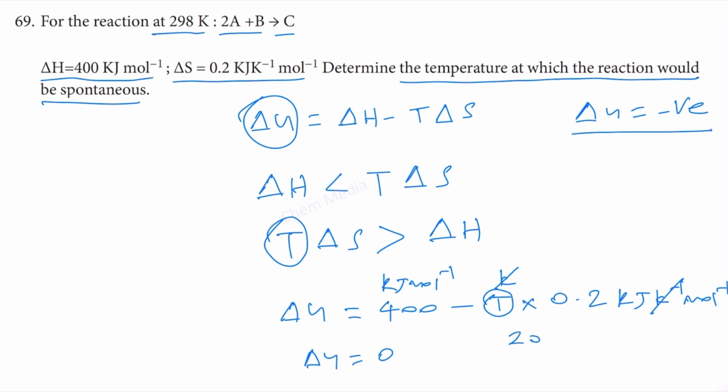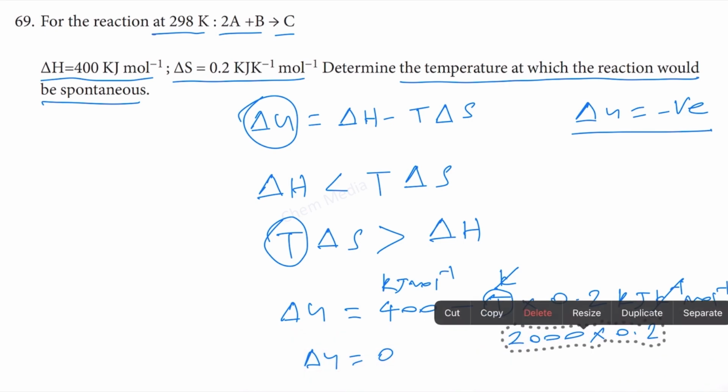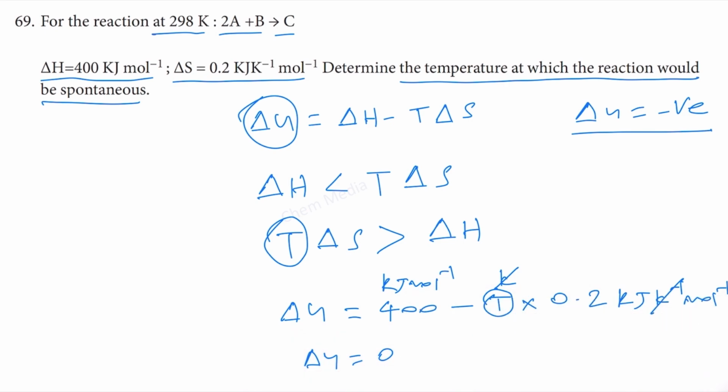If we put 2000 times 0.2, or to make it easier, 2000 times 2 times 10 to the power minus 1, then the 10s cancel, and this also becomes 400, because 200 times 2 is 400. Then delta G would become 0, that is at equilibrium.